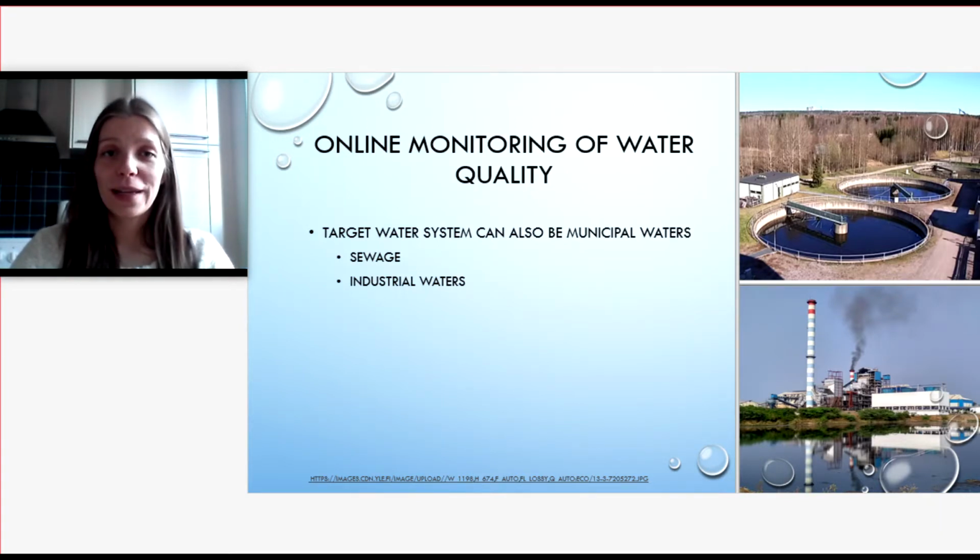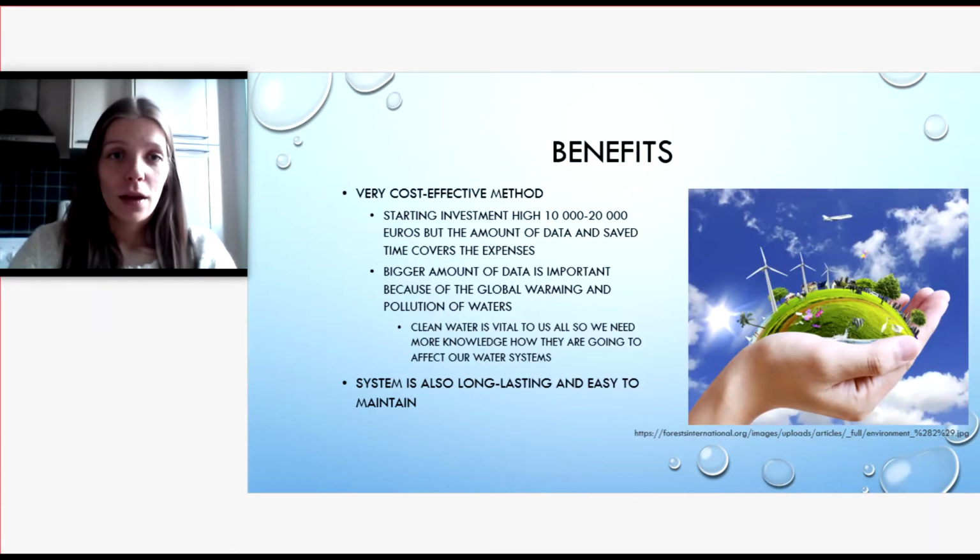If you are wondering what is so special about this online monitoring thing and why it will be so essential in the future, the answer is its benefits. Online monitoring is very cost effective, even though the starting investment is quite high, 10,000 to 20,000 euros.